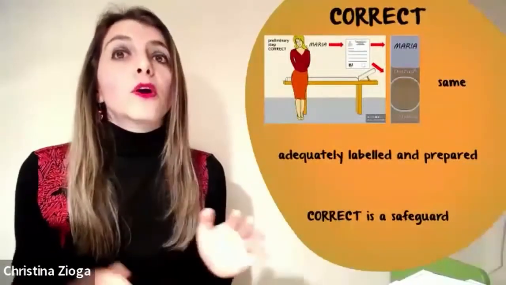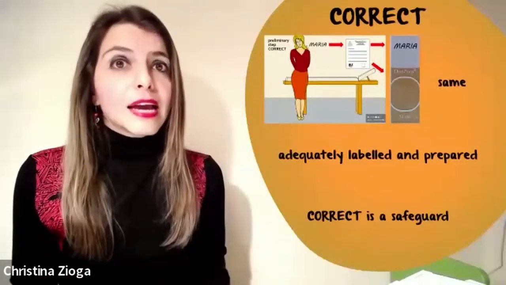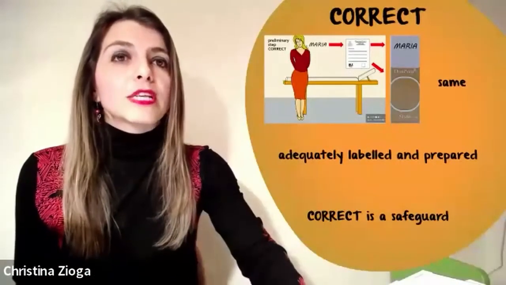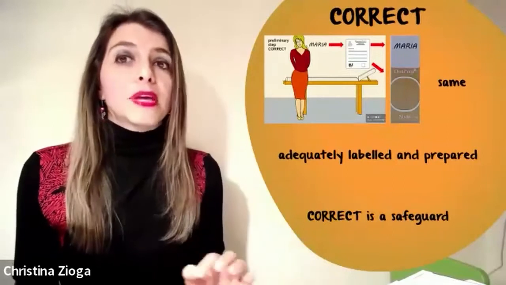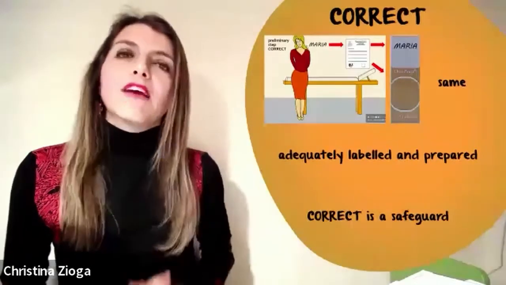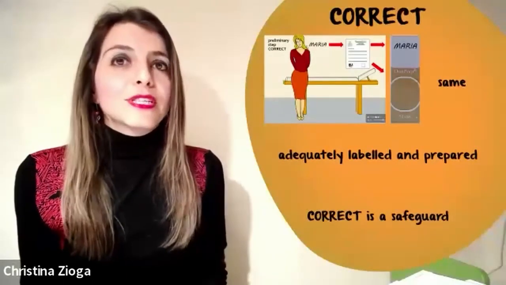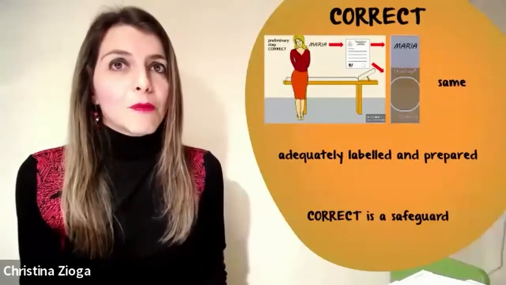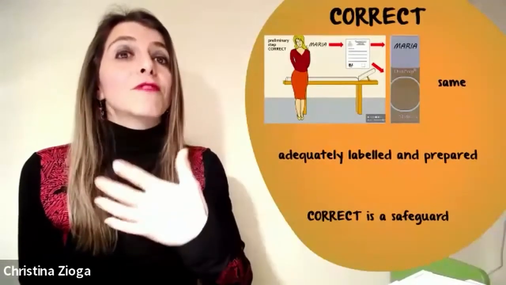In correct, we cross-check the number on the slide with that on the request form. They have to be the same. I have been working as a technologist in a histocytopathology laboratory for 5 years.